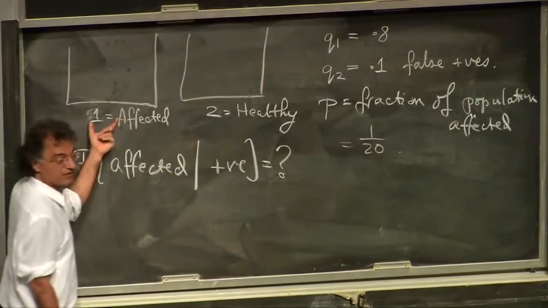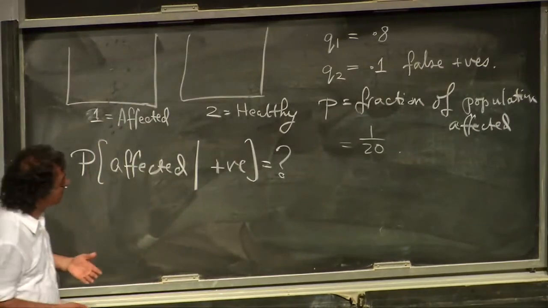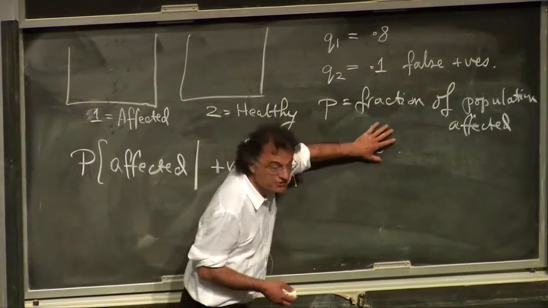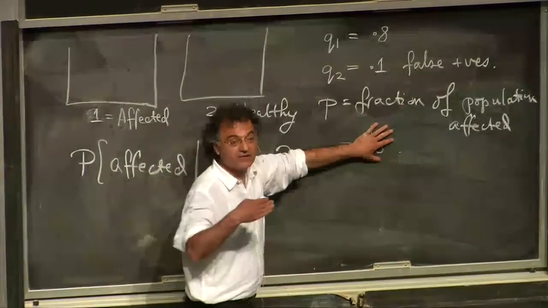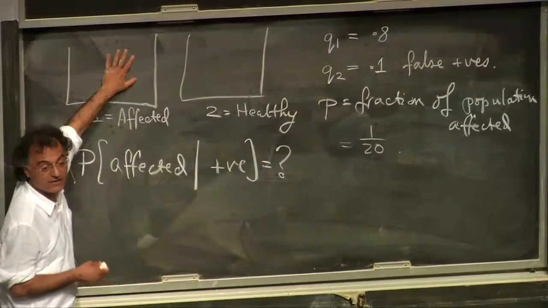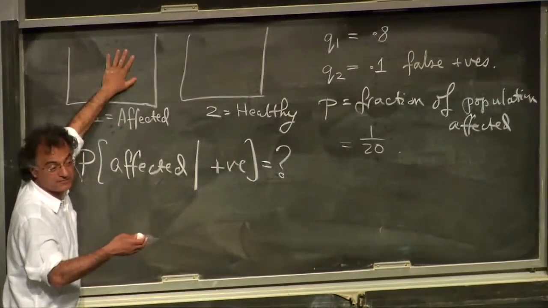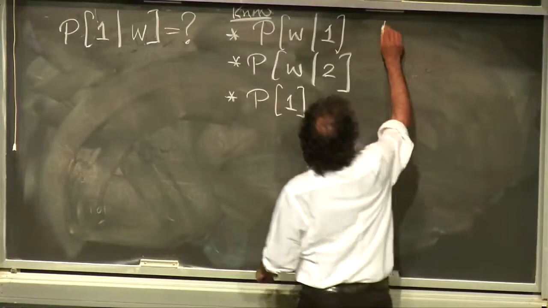That's what p is here. But now, after having done the test, what we know in addition to this is that the test came up positive. And so given that the test came up positive, what do we know about the probability that we are in this case? That's the inference problem. Now, this is called Bayesian inference.